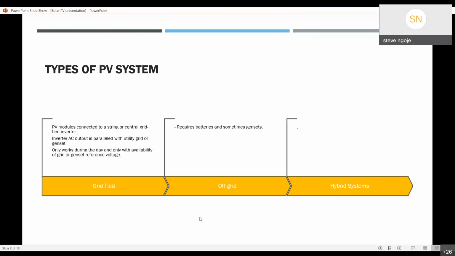So definitely running a generator is expensive, because when you are buying the system, you need extra equipment, but also running it is still cheaper with the grid.